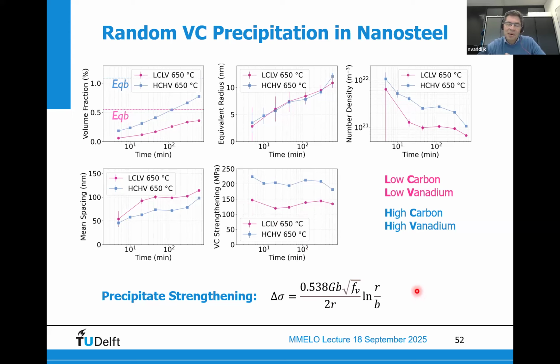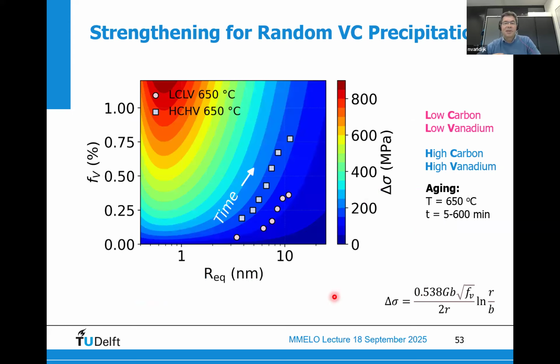And one way to maybe illustrate this further is this picture over here. So if we have a color contour for this precipitation strengthening equation, the model that we adopt here, then we see that depending on the phase fractions that you can achieve and the sizes, you will have the maximum effect for small sizes and high fractions.